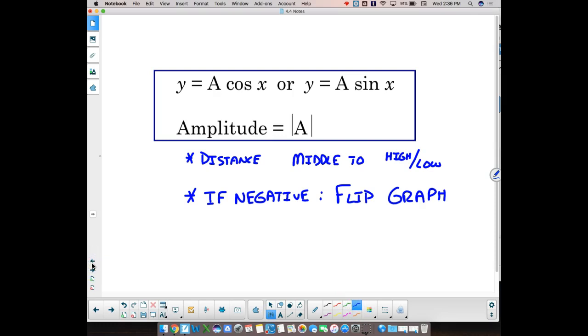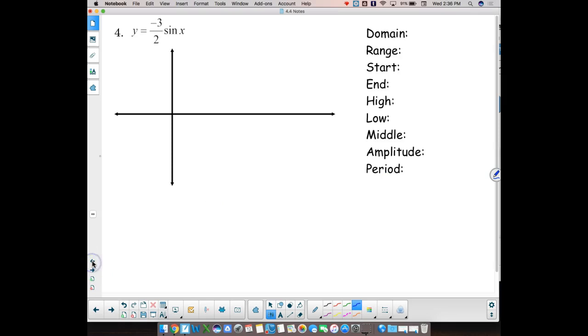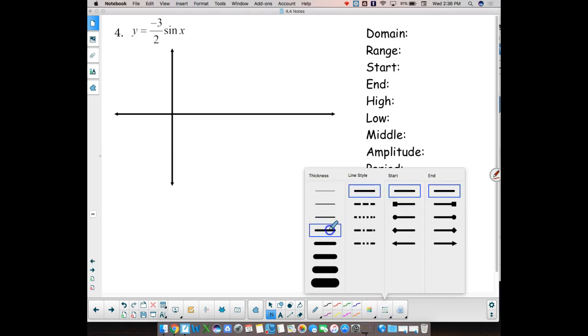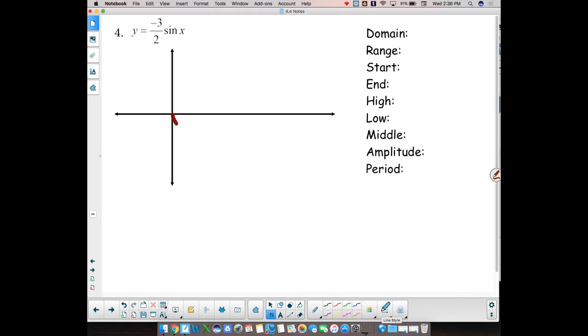So this one, sine now, instead of going up and coming back down, it's going to start and go down and come back up. So this graph would come down, and go like that.